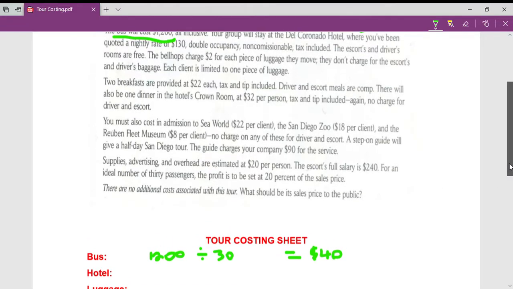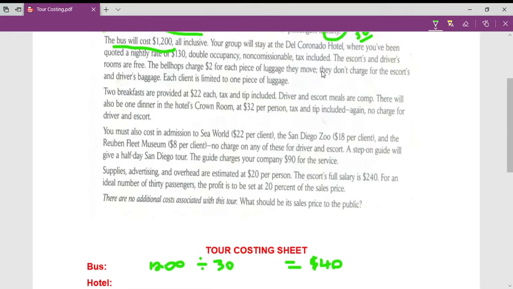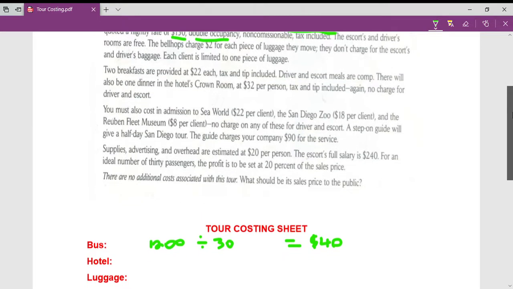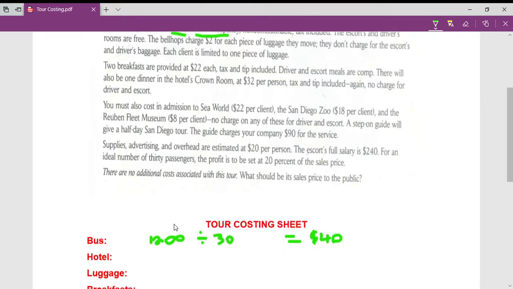We are done with that, and if you read further, it says your group will stay at the Del Coronado Hotel where you've been quoted a nightly rate of $130, double occupancy. Double occupancy means two people are sharing a room. So in terms of the hotel, remember they said it's a nightly rate of 130. Don't forget that.